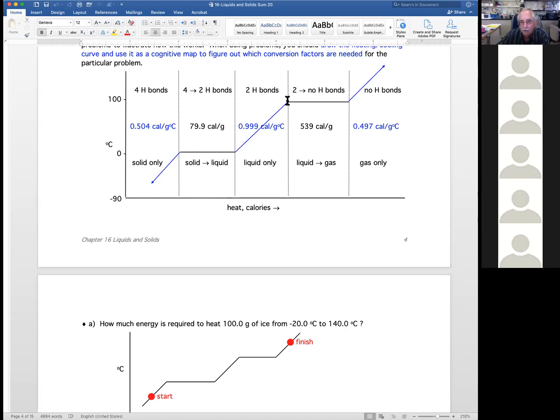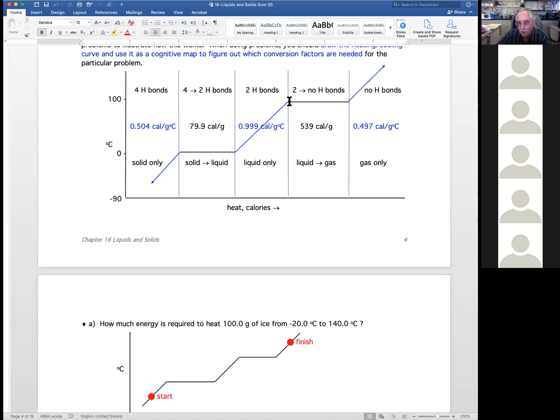Then you get to 100 degrees. And you keep putting heat energy in, and the temperature doesn't change. Water boils at a constant temperature, doesn't it? But if you're putting heat energy in, then temperature isn't changing. What is happening? Well, you're converting the liquid into the gas. You're breaking the rest of the hydrogen bonds.